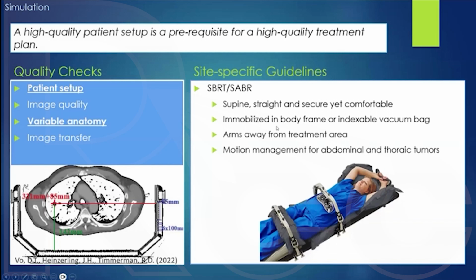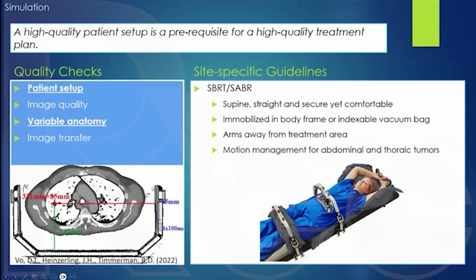Patients are typically immobilized in a body frame, as shown at left. This is standard practice at UT Southwestern where Dr. Lin works, or in an indexable vac lock bag, as shown below at right, as is done at Emory where I work. The patient arms are positioned outside of the treatment area, so we don't want to treat through the arms and deliver unnecessary dose.